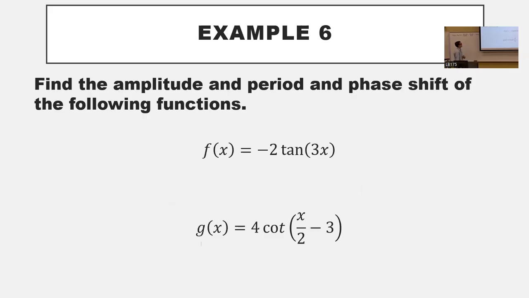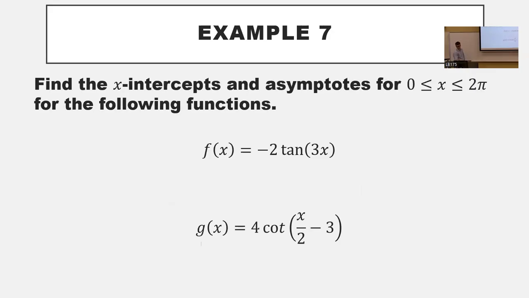So we'll take a couple of functions and we'll do the following. We'll do the amplitude, period, phase shift for these functions. And then we will also, for the exact same functions, find the x-intercepts and the asymptotes between 0 and 2 pi. All right. So we'll do that all at once rather than two different things.